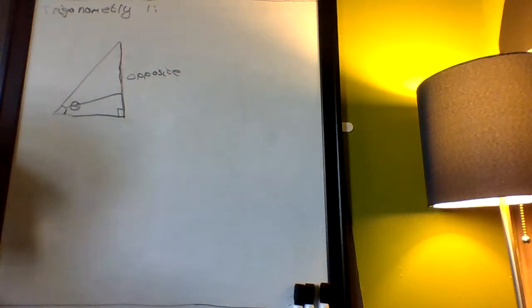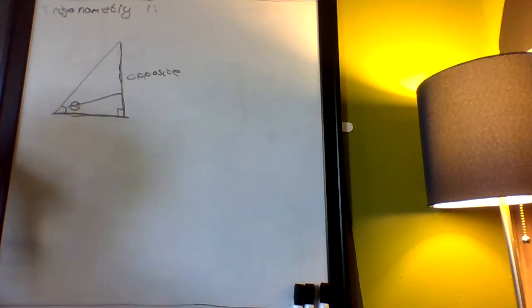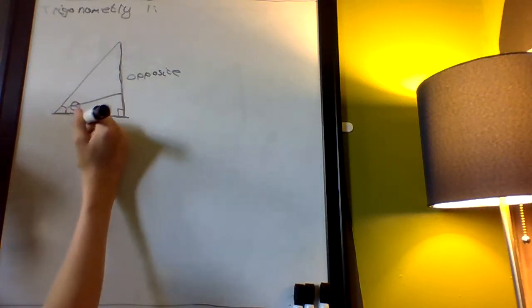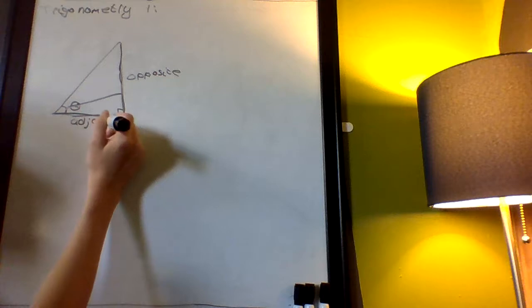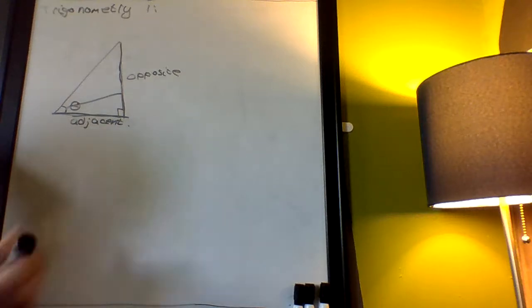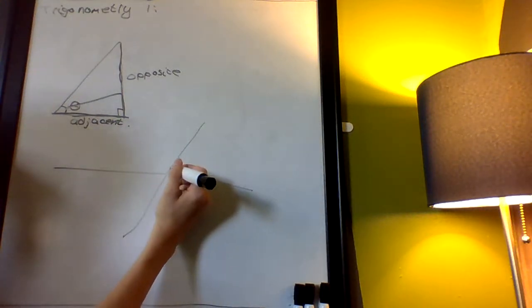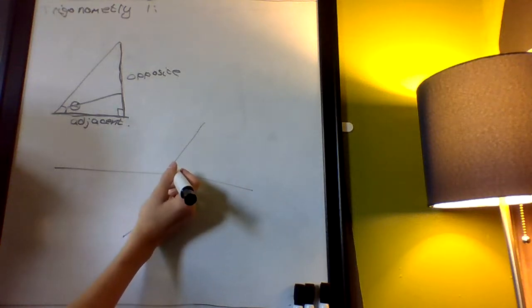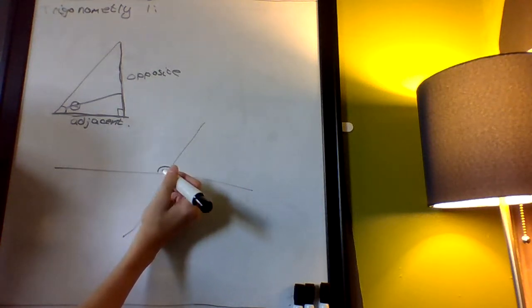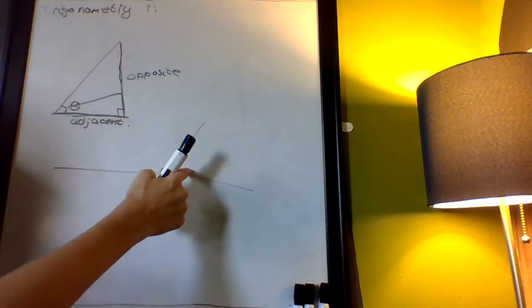Okay? What about this side length? Well, it's right next to it, or adjacent to it. So it's adjacent. Right? Because if I have two lines, this angle and this angle, they are going to be adjacent because they're right next to each other.